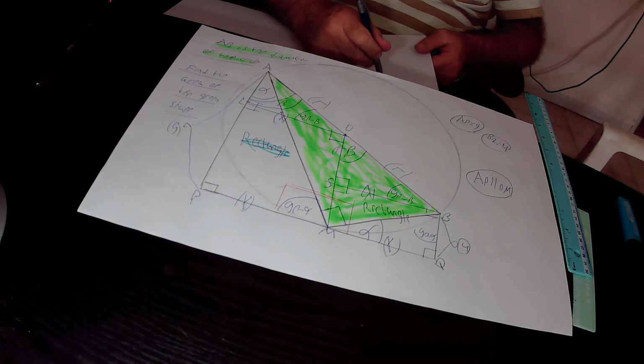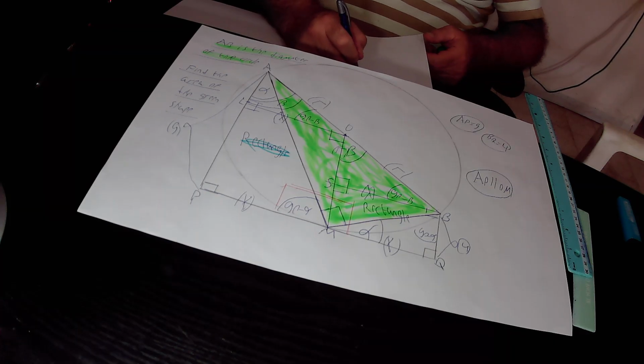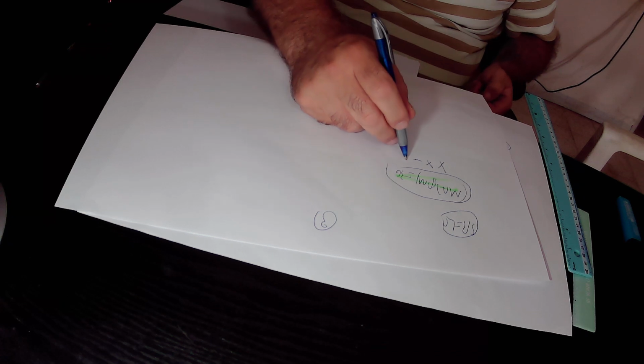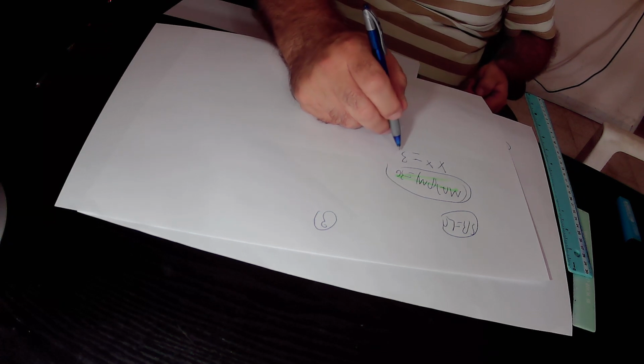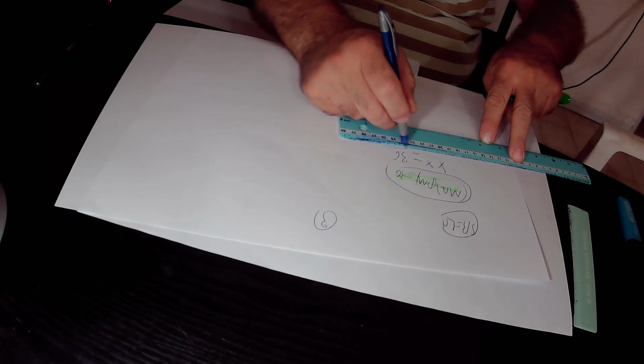MQ is x, PM is also x. So x times x equals 36. X times x is x squared, so x squared equals 36.